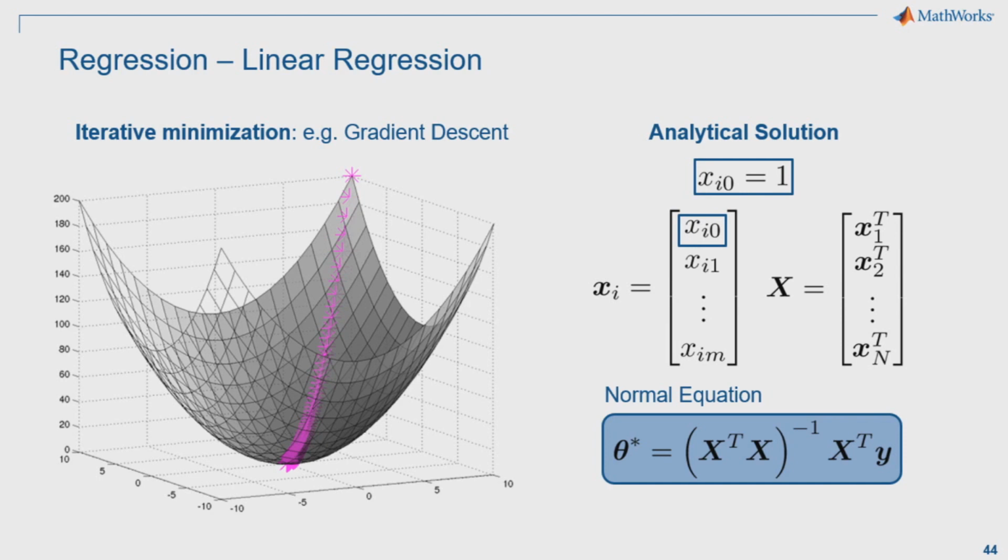There are cases in which iterative minimization is the only way you can proceed. For instance, in nonlinear regression, where you don't have a convex optimization problem anymore, and in that case, an iterative minimization is the only way you can use to proceed, because there are no analytical solutions for those specific cases.